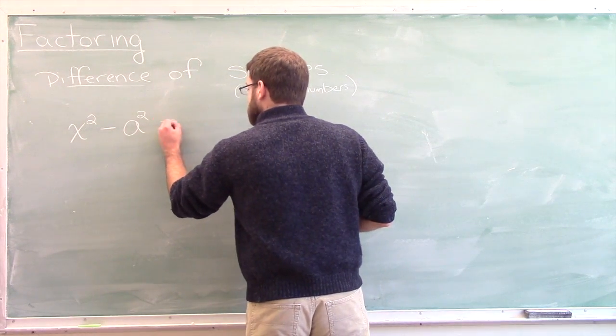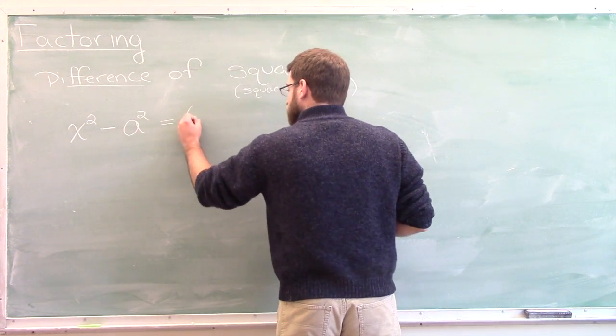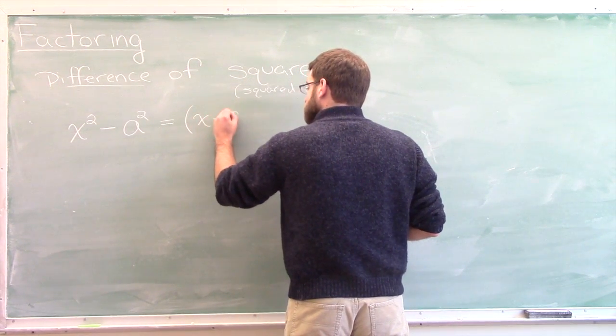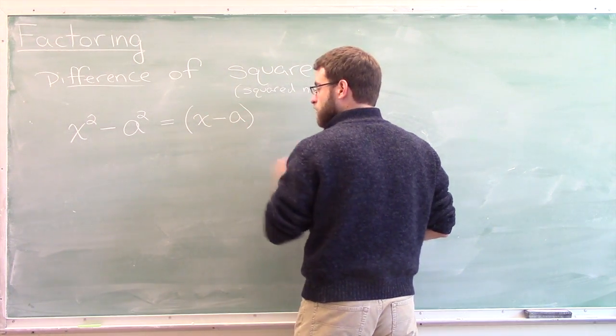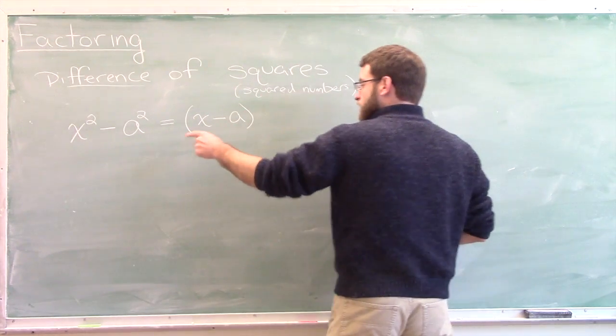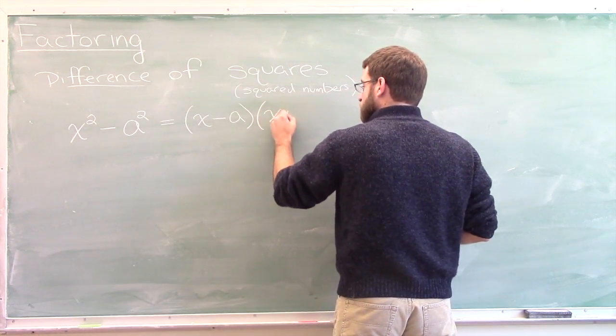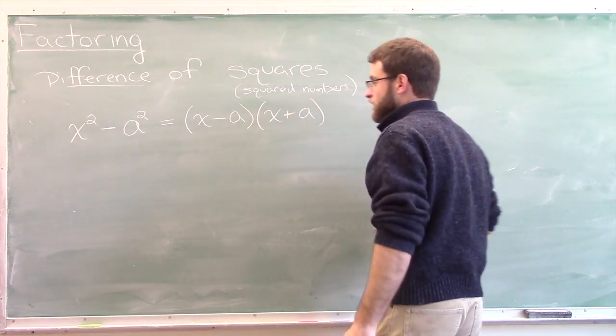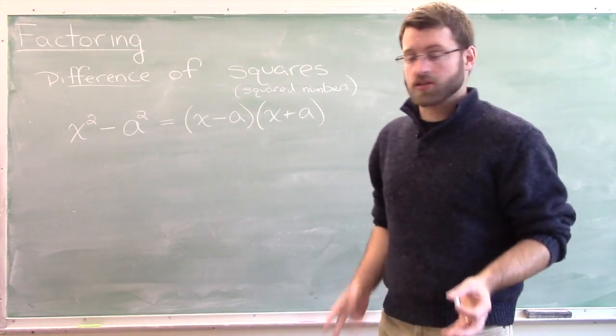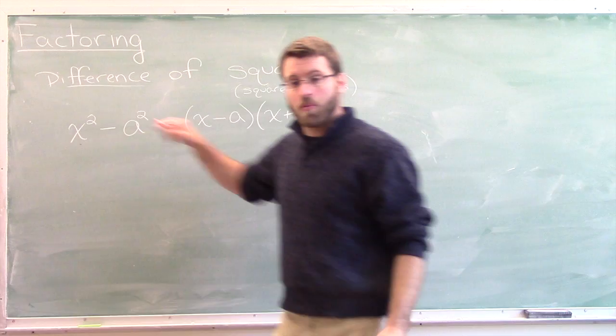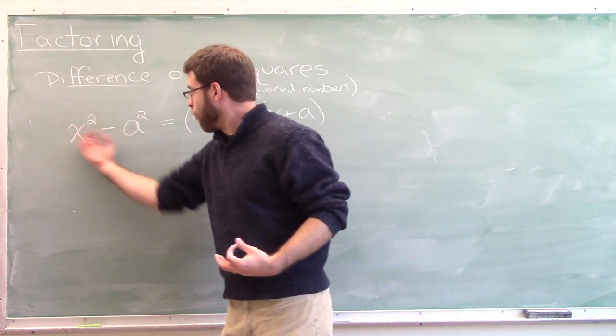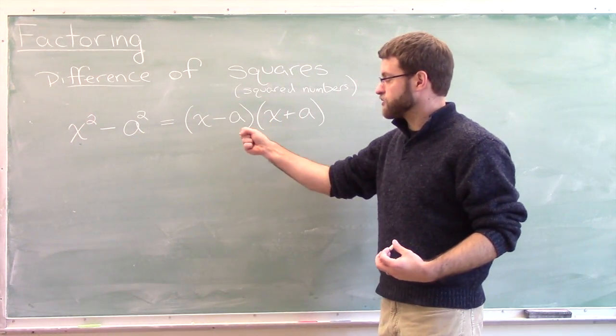The two pieces that it factors into are the difference of the two numbers, x minus a, the two numbers are x and a, and x plus a. That always works, no matter what x is, no matter what a is. This whole thing is always equal to this whole thing.